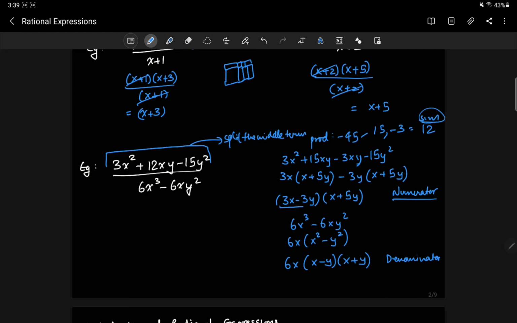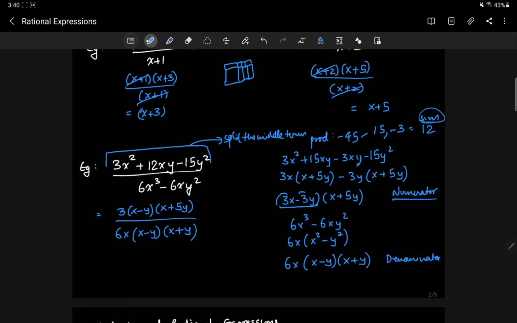Now here notice in the first term, the 3x and the 3y can be factored a slight bit more just by using the greatest common factor, which is 3. So the numerator is actually 3 times x minus y and then x plus 5y, and the denominator is 6x times x minus y and x plus y.